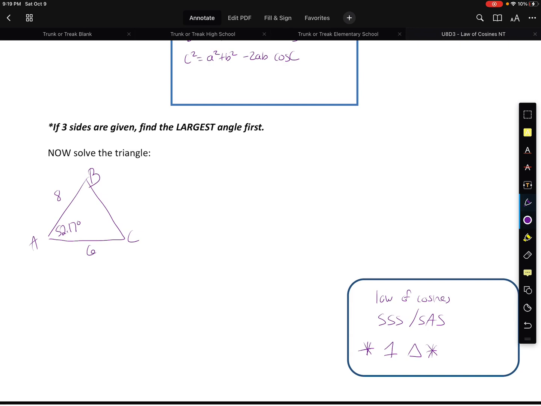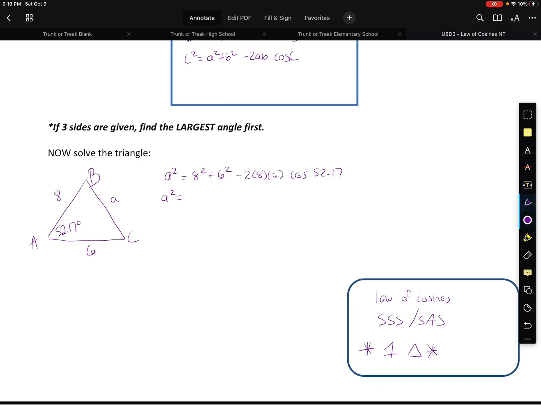So here's what we got. If I want to solve for A, A squared equals 8 squared plus 6 squared minus 2 times 8 times 6 cos of 52.17.